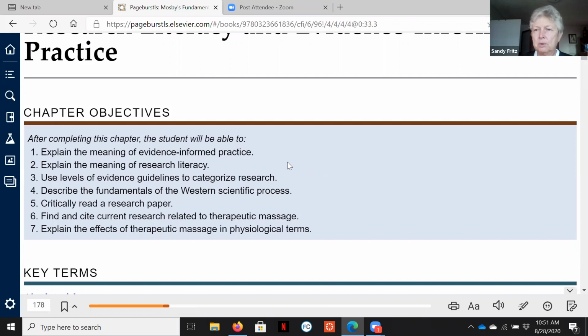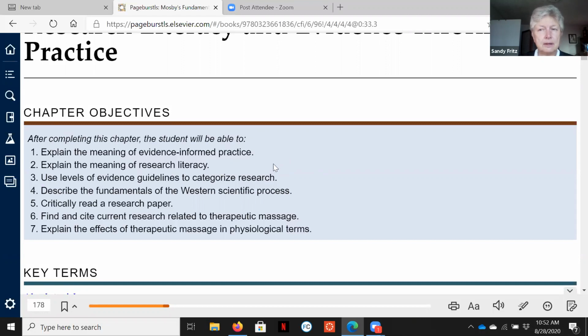This is something that you'll work with, not just while you're in school, but you will want to continue to advance in your ability to do literature research, to always be a self-teacher and continue to learn. And certainly critical thinking comes into play here as you evaluate research that you might find. So these are the things that we are going to delve into as you read this textbook.